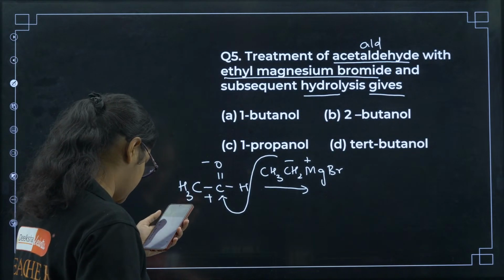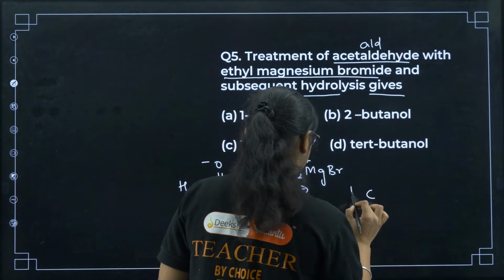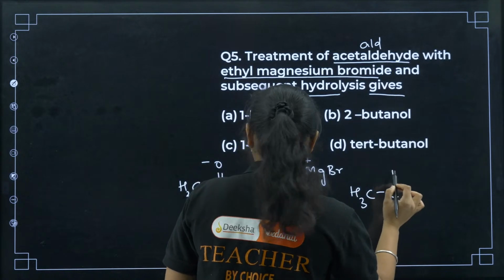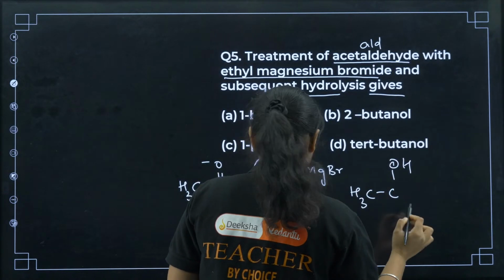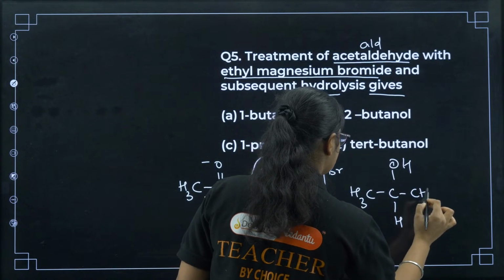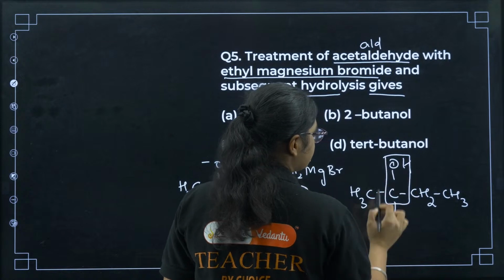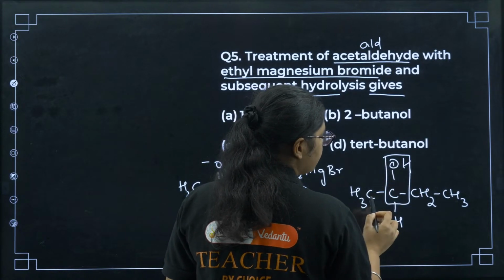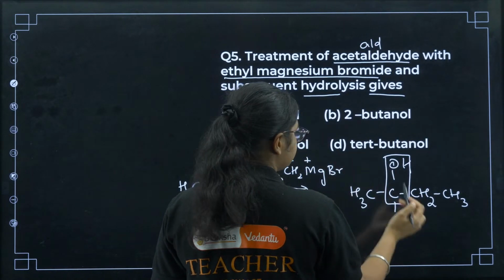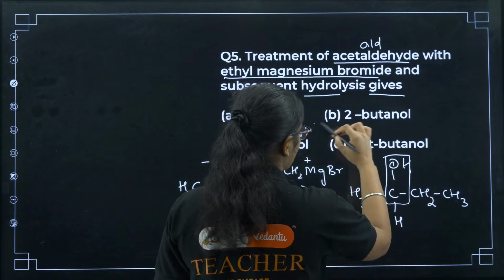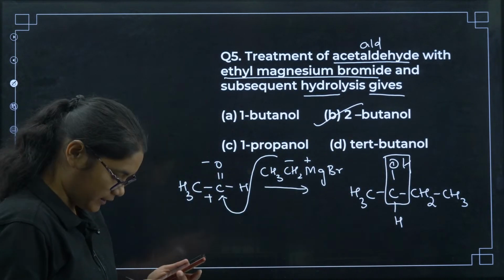Yes, I can't find any answer from you people. Why so less response today? This one will give you CH2 and CH3, and this is OH. So it will give you butane-2-ol. Option number B is the correct answer here.